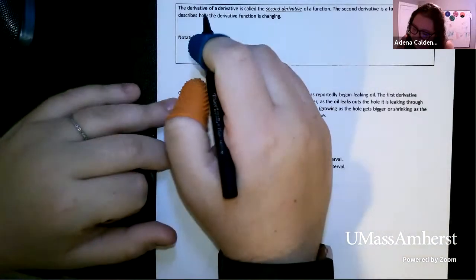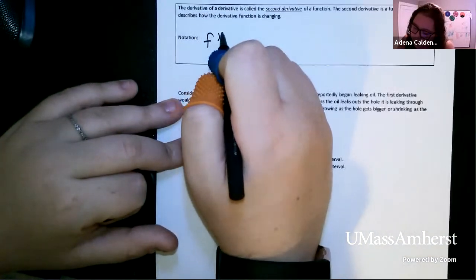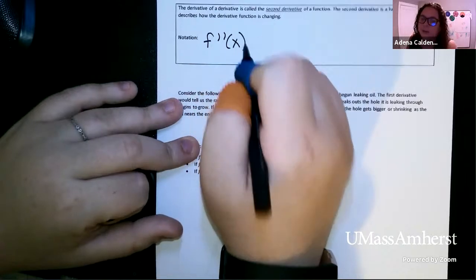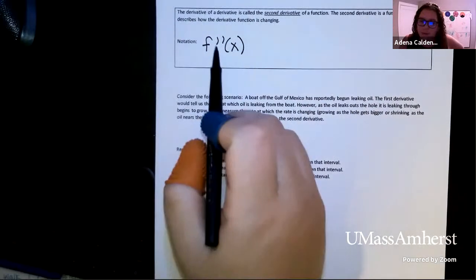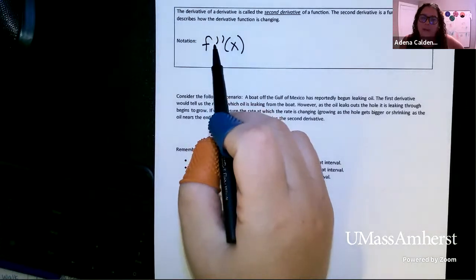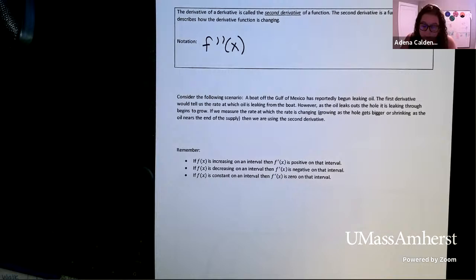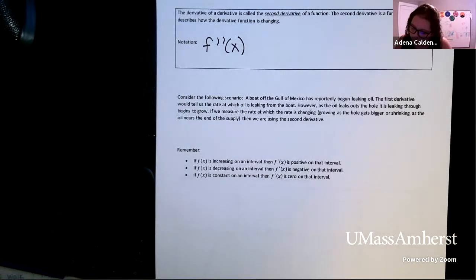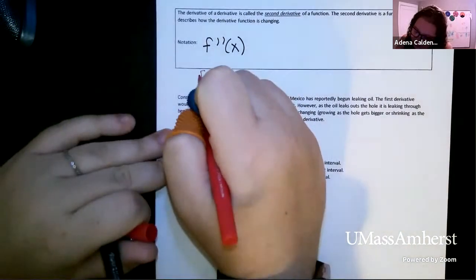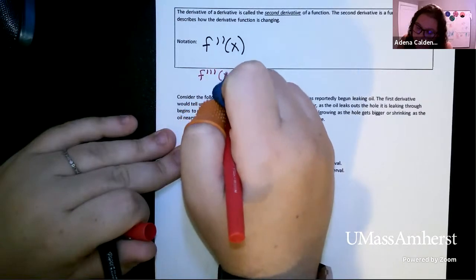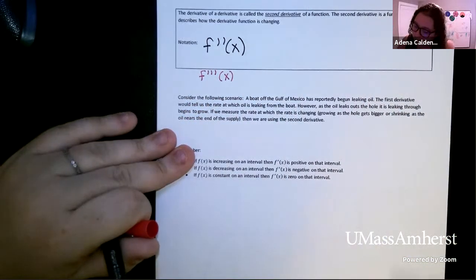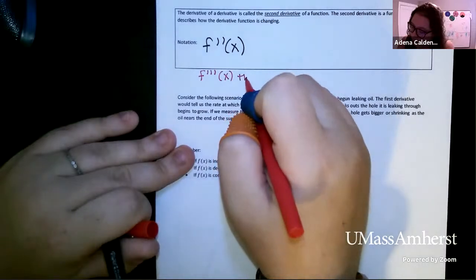So notation. The Newtonian notation for a second derivative has two of these little marks, okay? So if there's one, it's the first derivative. If there's two, it's the second derivative. Theoretically, if you were to go into another class, if you were to see something like this, f triple prime, that would be a third derivative.